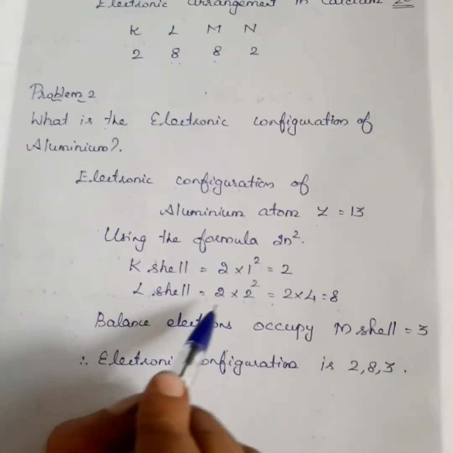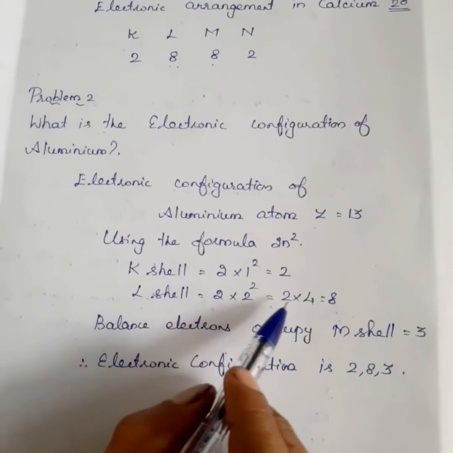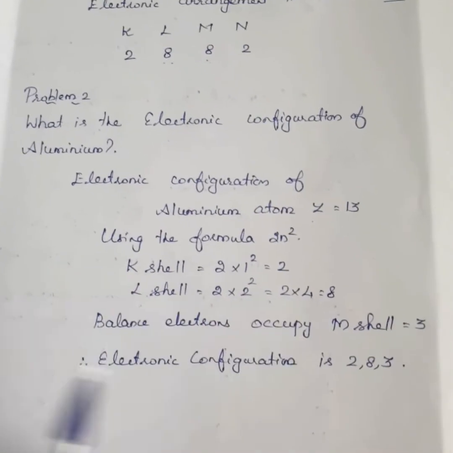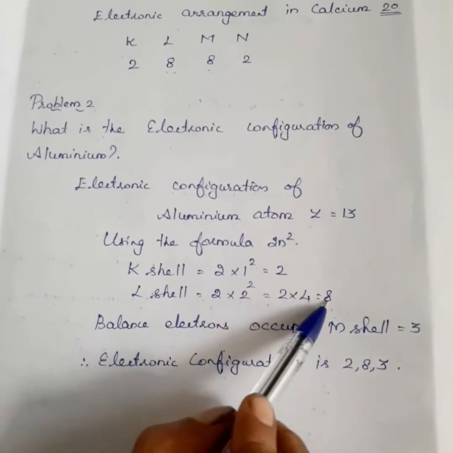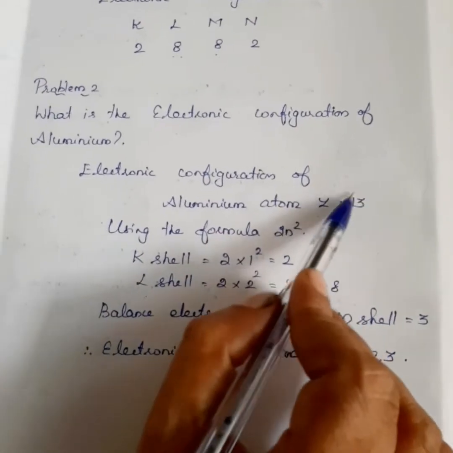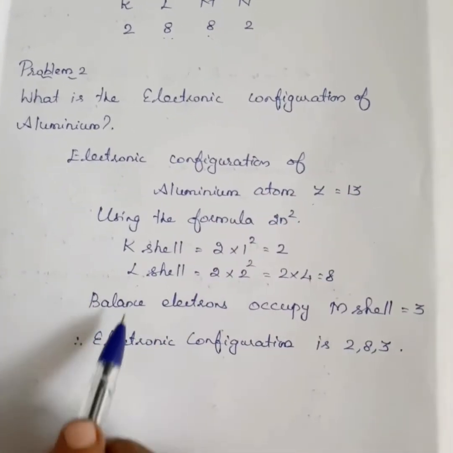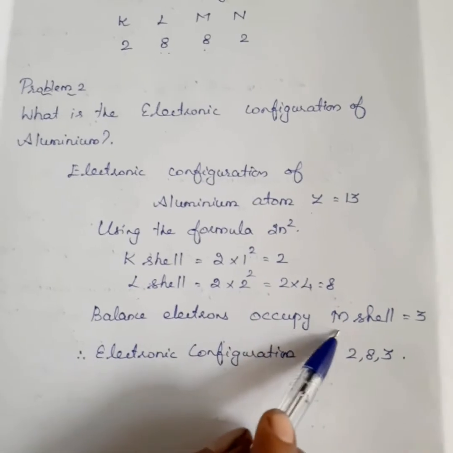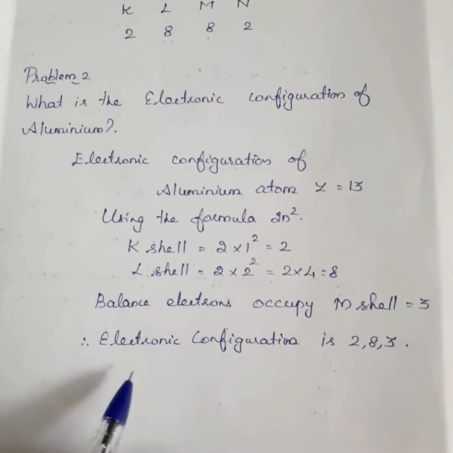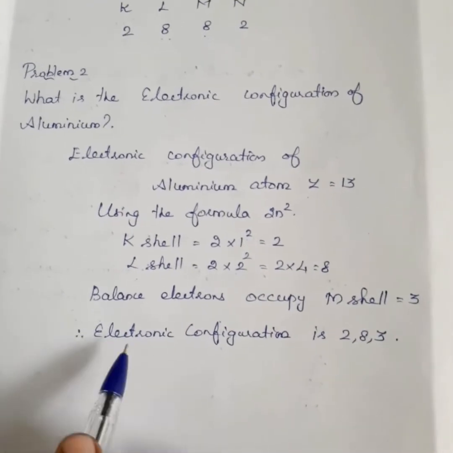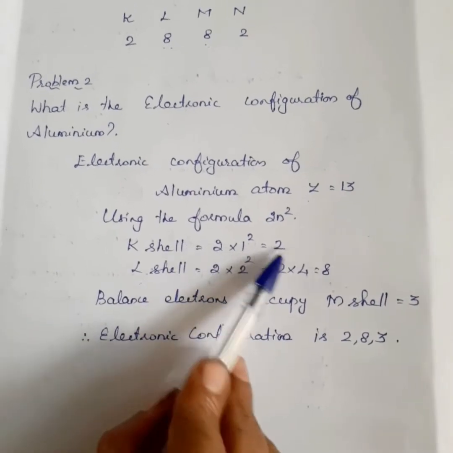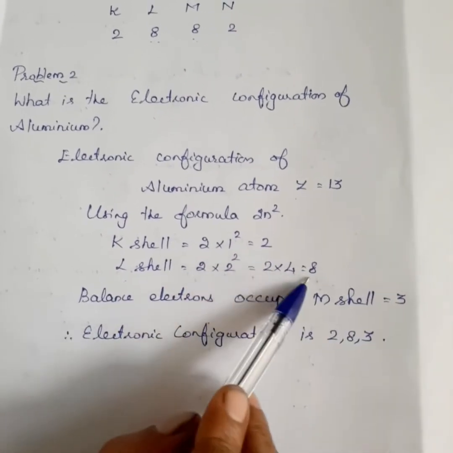L shell, 2 into 2 square is equal to 2 into 4, equal to 8. Balance how many? 8 plus 2 is equal to 10. Here 13, so balance 3. So the balance electrons occupy M shell, equal to 3. So how do you write the electronic configuration? Electronic configuration 2, 8, 3.